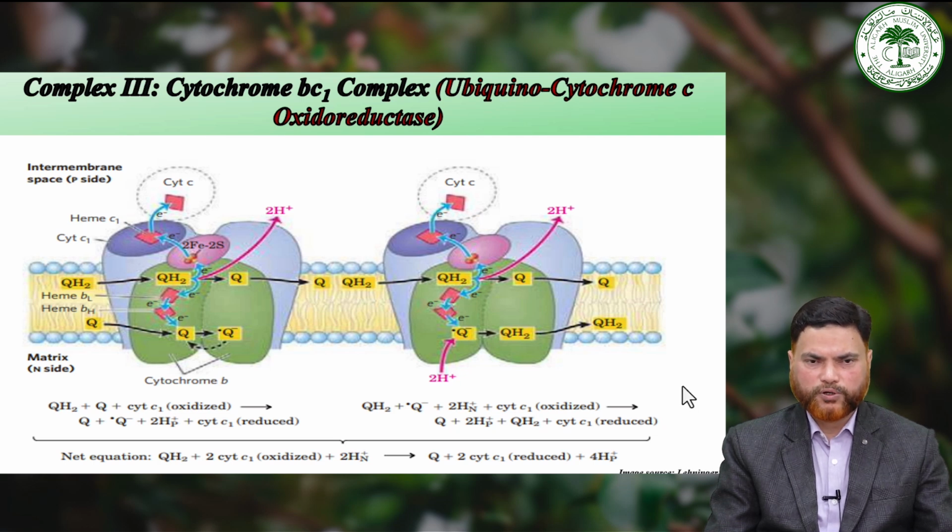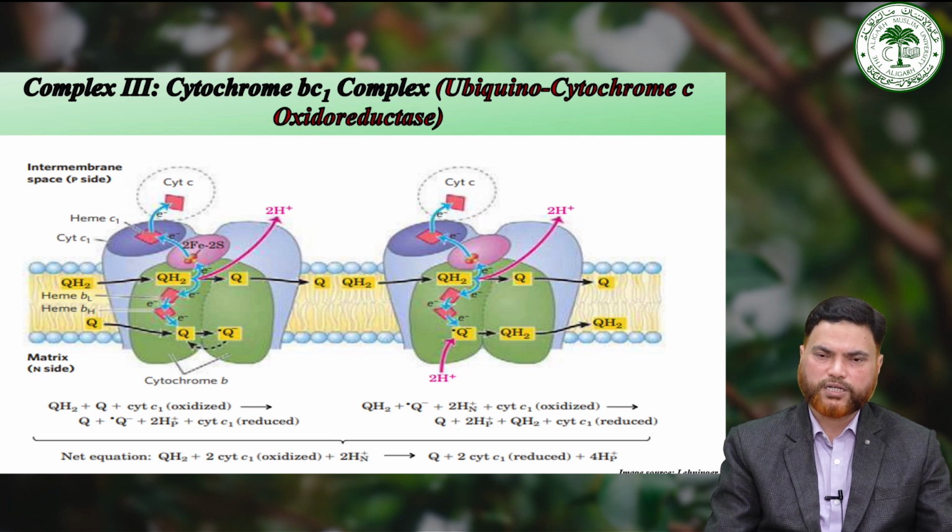However, this process involves a transient intermediate state known as the semiquinone radical, and then it leads to regeneration of ubiquinol. The semiquinone radical formed in the previous steps interacts with another ubiquinone molecule to produce a stable ubiquinol molecule, leading to the culmination of the Q cycle.